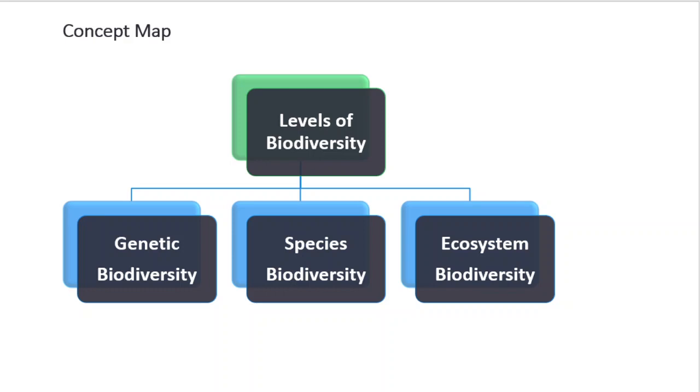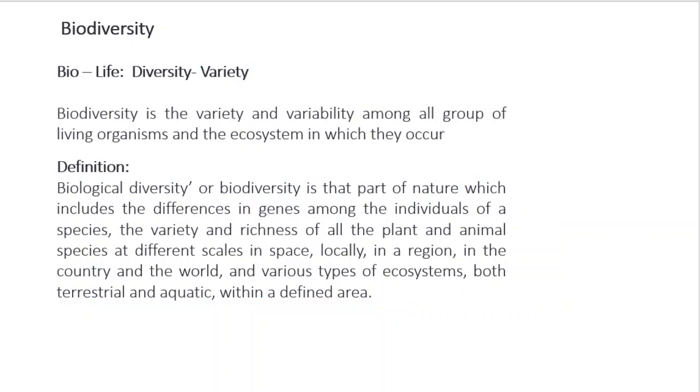In previous lecture we saw different types of ecosystem, different techniques to conserve the ecosystems, biotic components. So in this lecture we are going to see the definition of biodiversity. Biodiversity means what?